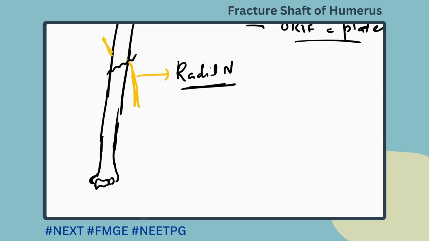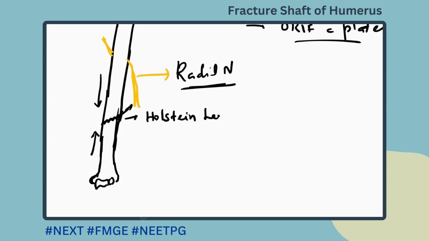Now, a fracture of the humeral shaft at the junction of the middle third and distal third. Just see this one. A fracture happens here, and it results in a small spike in the fracture, and that can injure the radial nerve. This injury is called the Holstein-Lewis fracture.